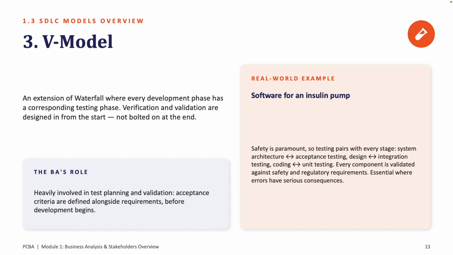For example, a business analyst tries to ensure that each particular development stage has corresponding testing activities. These testing activities confirm that the requirements are met at each particular level of the project.